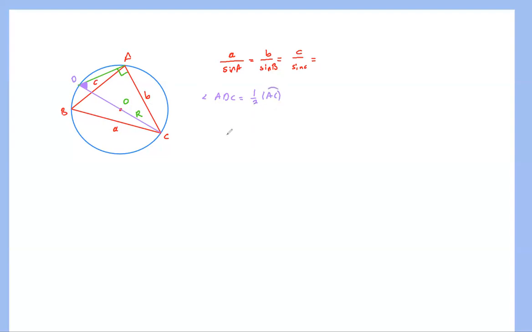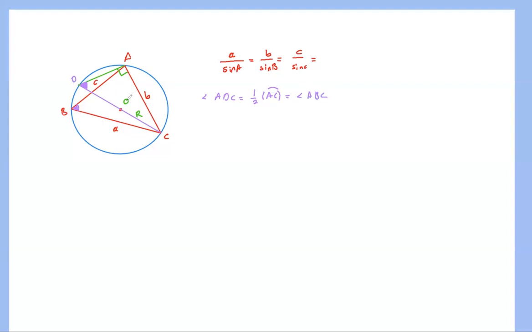Okay, so that's just the definition of the inscribed angle. But at the same time, AC is also between the chords BA and BC, which is why the angle at B is also equal to this angle D. Okay, so that is also equal to the angle D. So I'm going to say this is ABC.